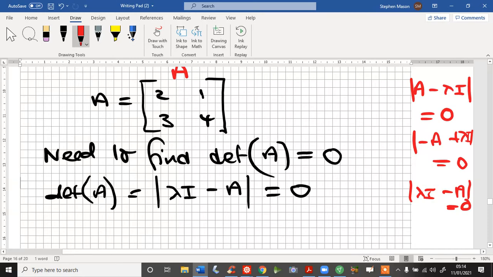Okay, so we find the determinant of lambda I minus A.